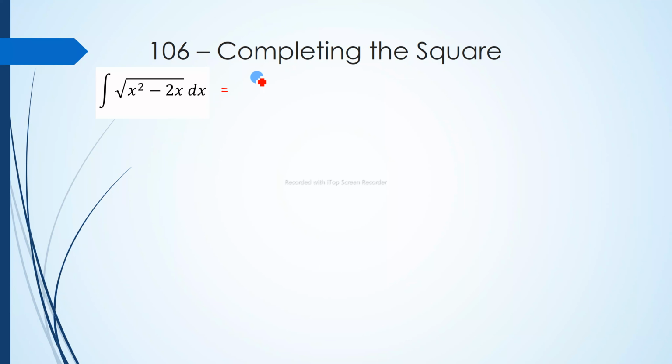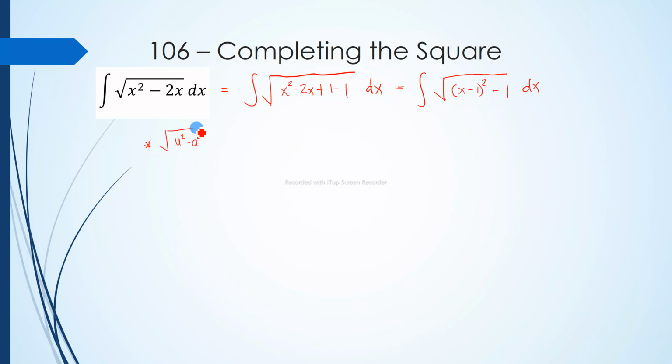So this is equal to the integral of square root of x squared minus 2x plus 1. And don't forget, plus 1 minus 1, that is adding and subtracting in the same expression. Then we factor the binomial, and we will have the integral of square root of x minus 1 squared minus 1 dx. So when you look at it, this is in the form u squared minus a squared, which is equal to a tangent theta.